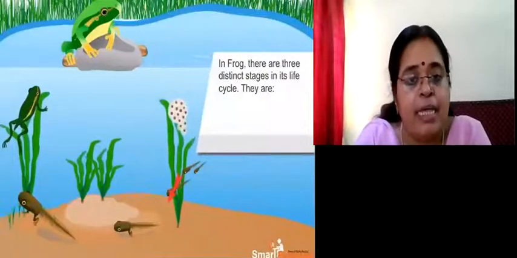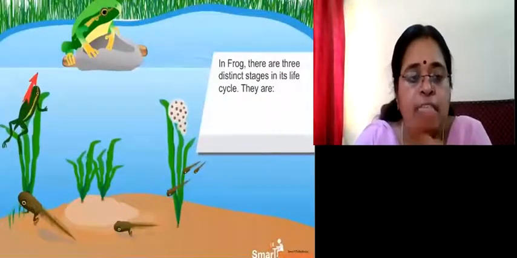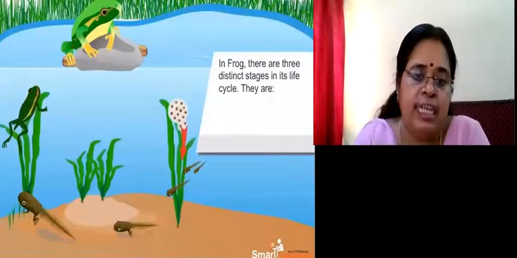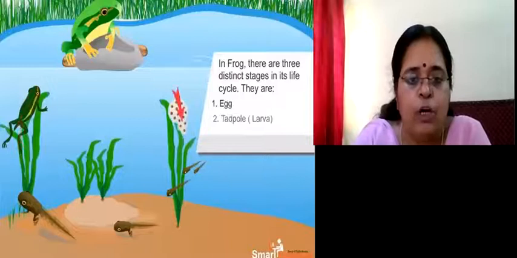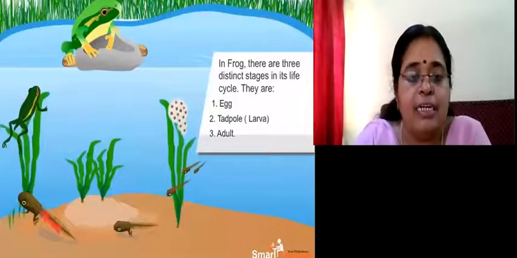Let us take the example of the frog. In a frog, there are three distinct stages in their life cycle. They are the egg stage, then the larva or the tadpole stage, and third one is the adult frog. So in each of these stages again, they look different from their parent.